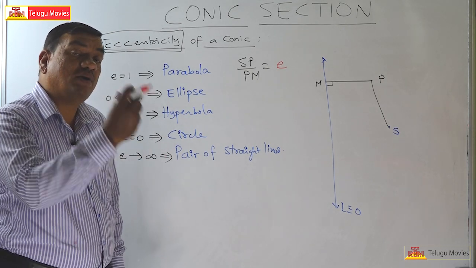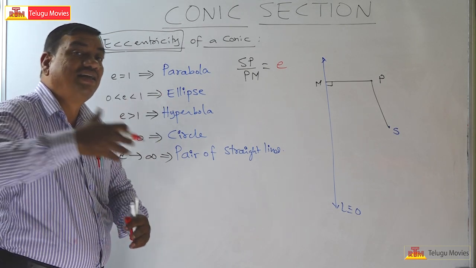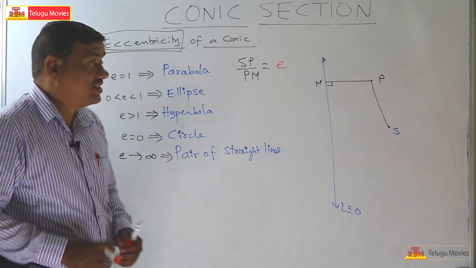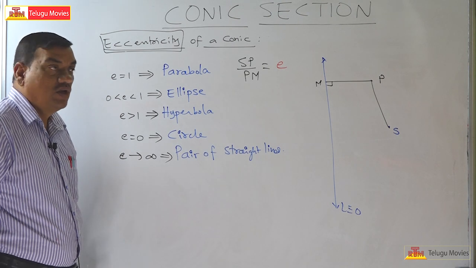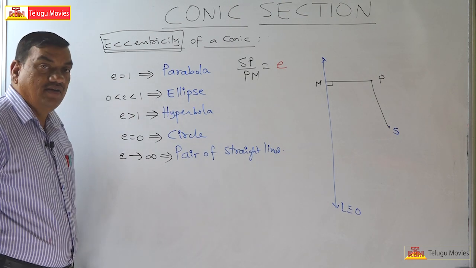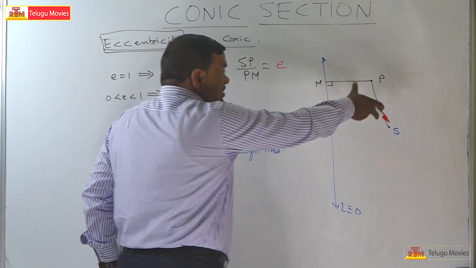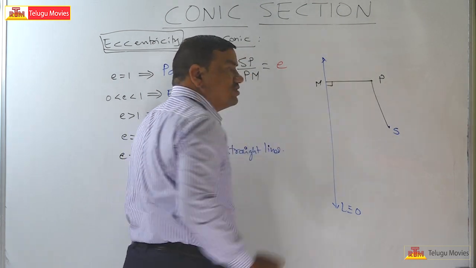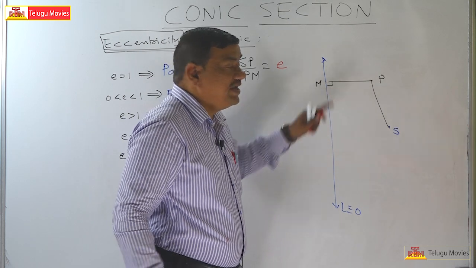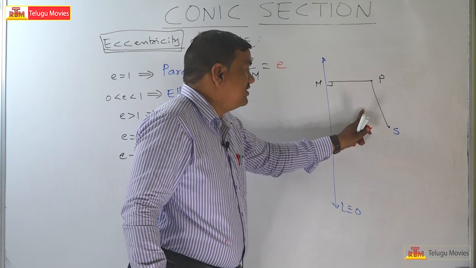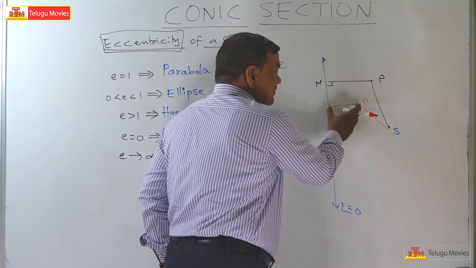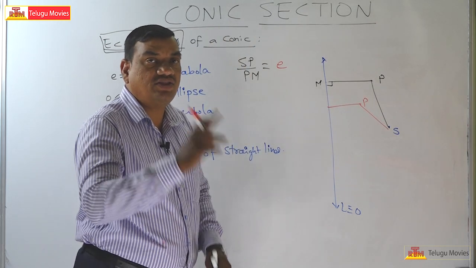Depending upon the e value, you get different kinds of conic sections. If your e value is 1, that means the distance SP and PM are the same. For example, if it is 5 centimeters, this is also 5 centimeters, SP by PM, 5 by 5, 1. If it is 3 centimeters, this is also 3 centimeters, 3 by 3, 1.